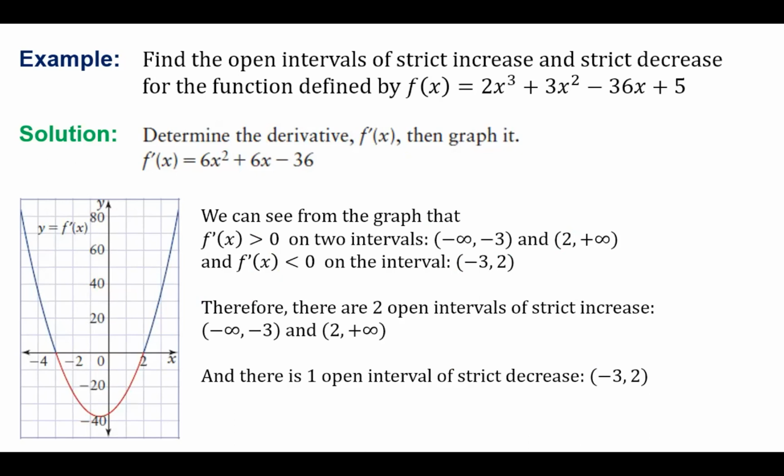Therefore, there are two open intervals of strict increase, which are -∞ to -3 and +2 to +∞. And there is only one open interval of strict decrease, which is -3 to +2. You understand?